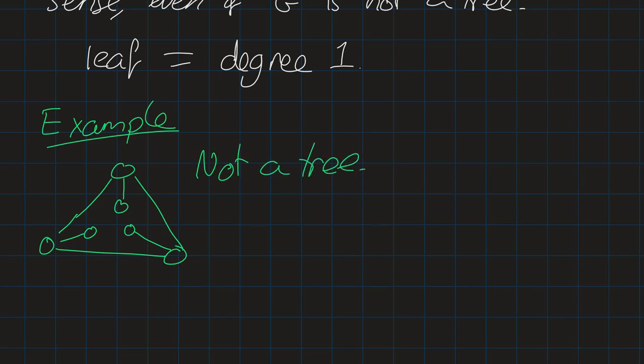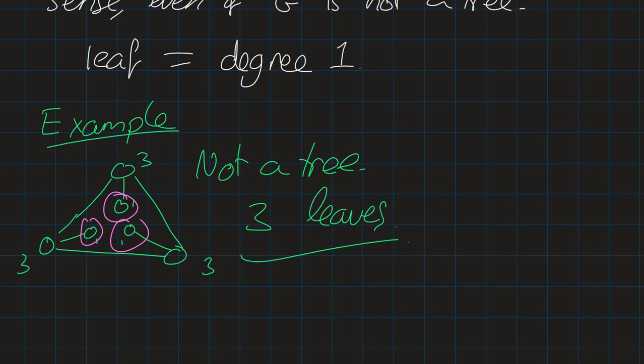But I can still count the number of leaves. This is degree 3, 3, 3, 1, 1, 1. So that means it has 1, 2, 3 leaves. It still makes sense to say that it has 3 leaves even though it's not a tree. It still makes sense in the world of graph theory to say this. Okay? So this is trees. That's the end of this example, and that's the end of this video.